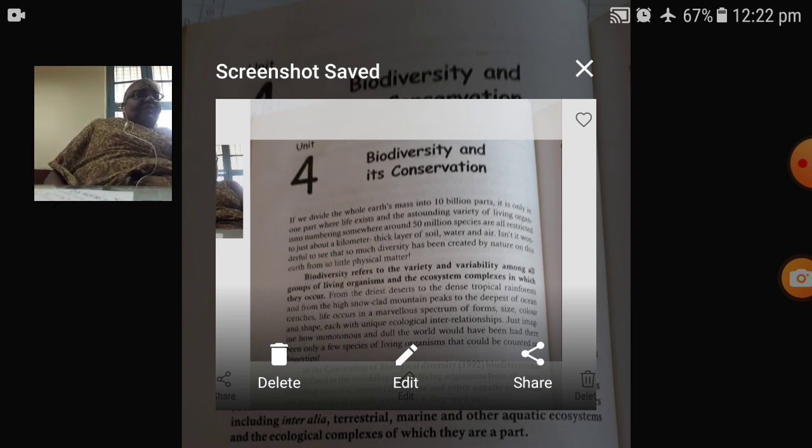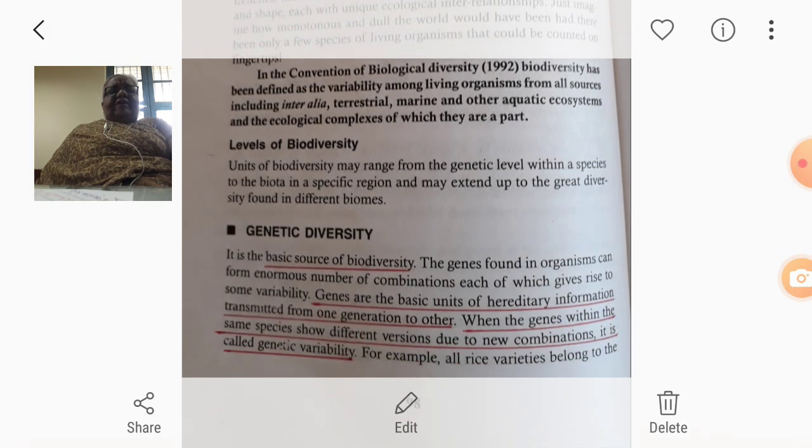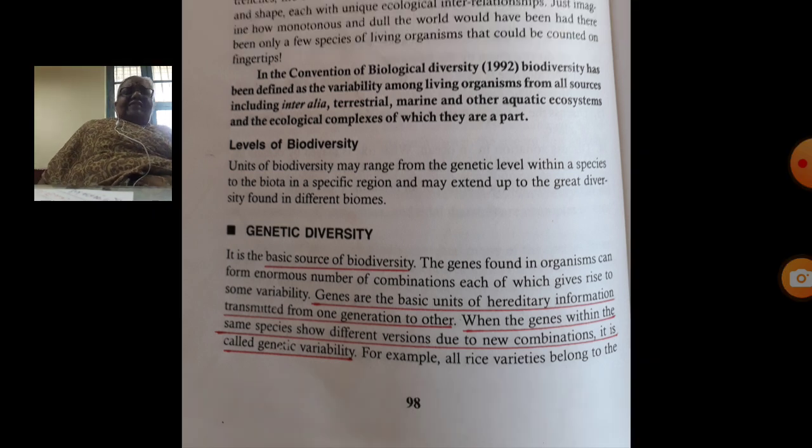This is the definition given in 1992. And this biodiversity can be studied at different levels, what we refer to as levels of biodiversity. You can discuss at different levels, ranging from the genetic level within a species, to the biota in a specific region and may extend up to great diversity found in different biomes.